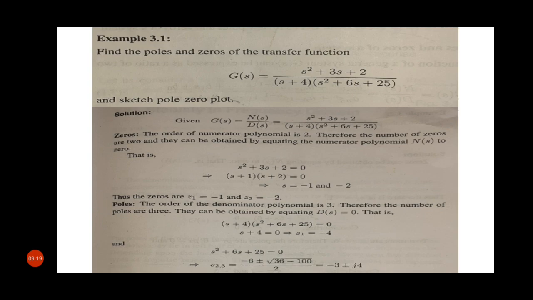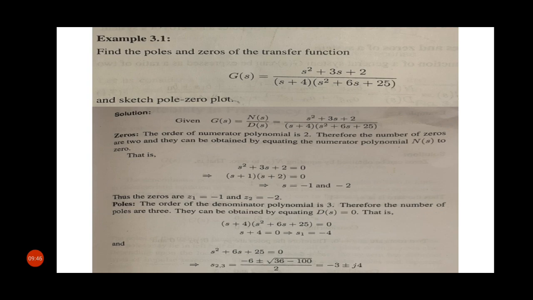Now we will find the poles. See, the order of the denominator polynomial is 3. Therefore, the number of poles is 3, and they can be obtained by equating the denominator polynomial to 0. Our denominator is (s + 4)(s² + 6s + 25). If we put this equal to 0, then we find the poles.